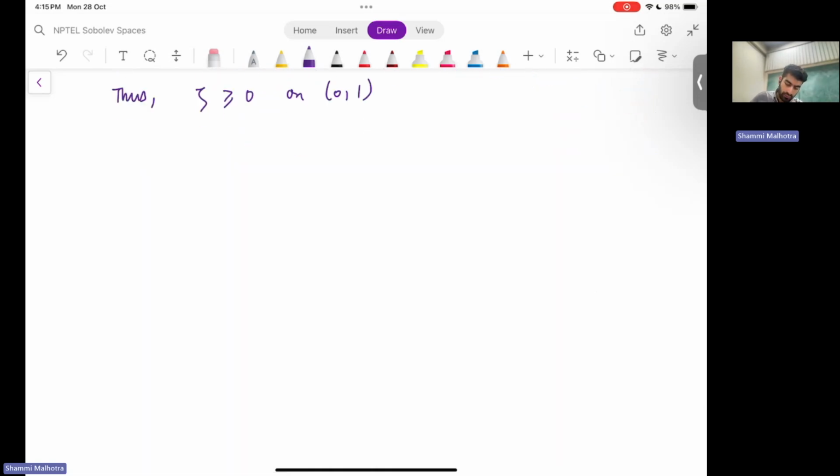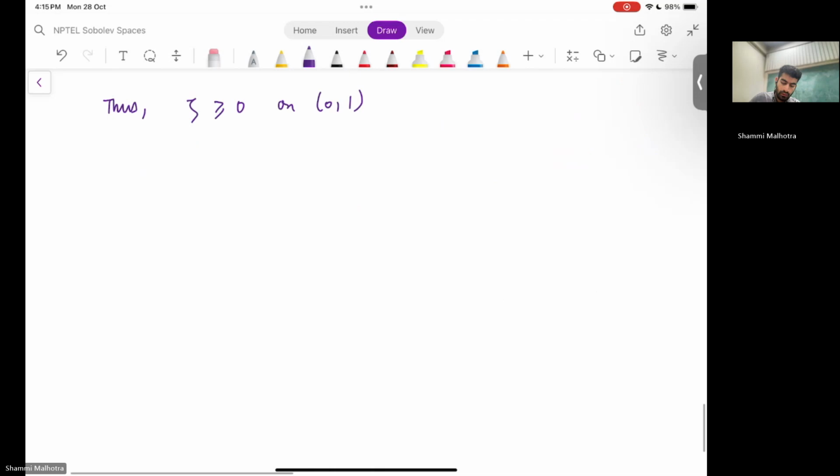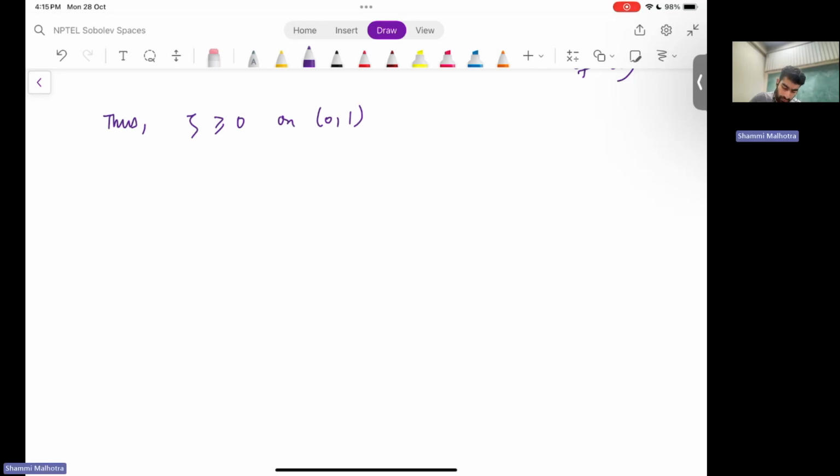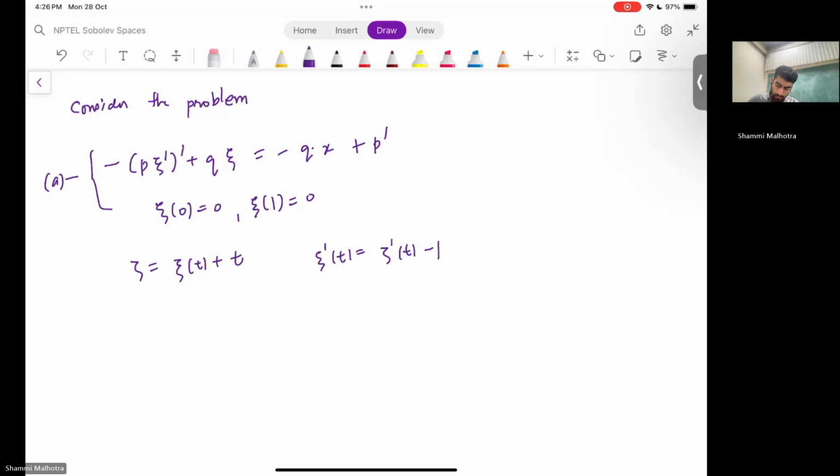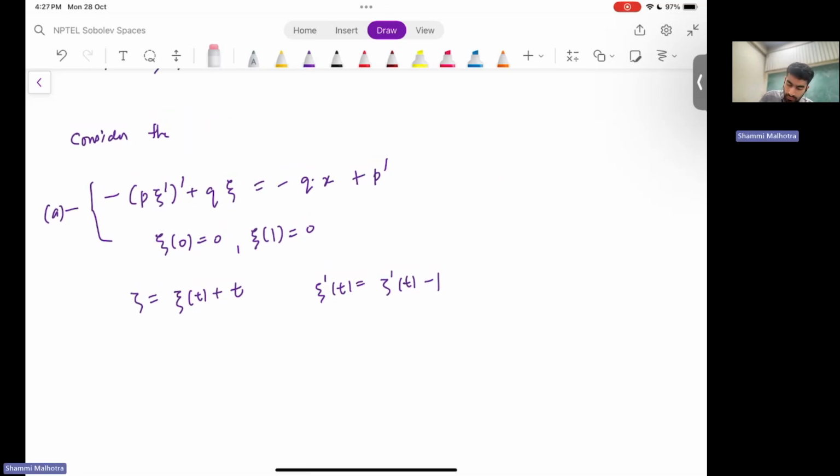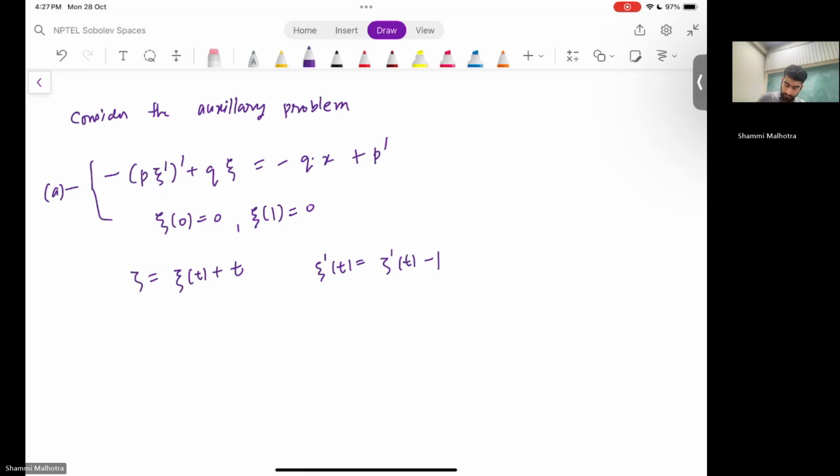So we consider the auxiliary problem A. Then we know that A has a solution.